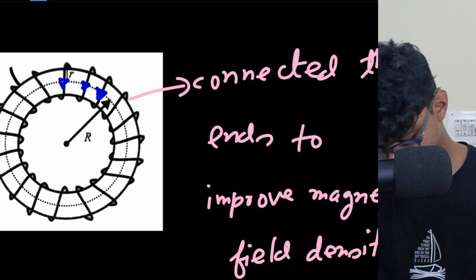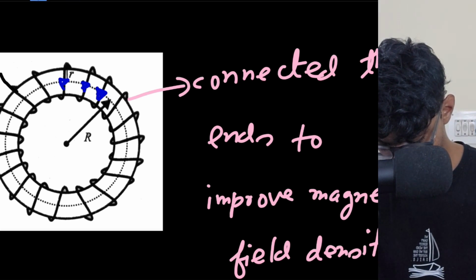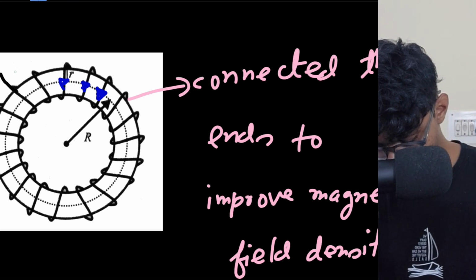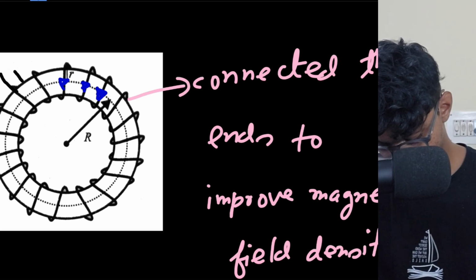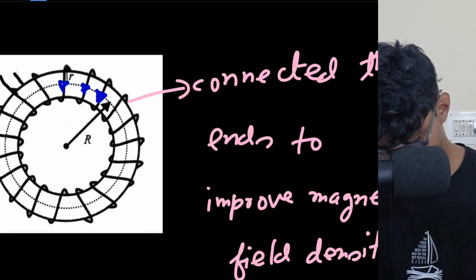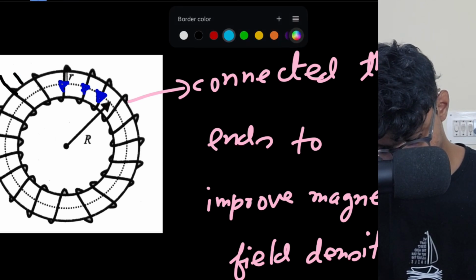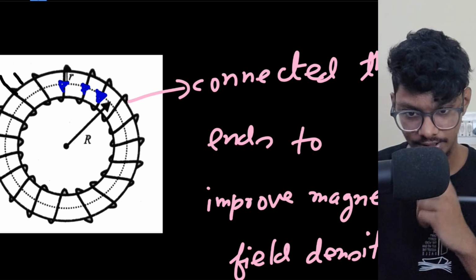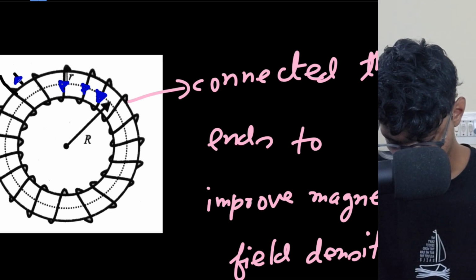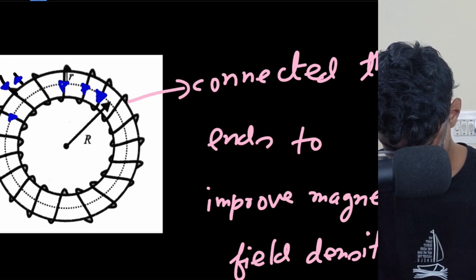One wire was at the inside. One wire will be something like this, other wire will be coming from somewhere here. Current will simply be coming out here and coming in. Okay, so it will just flow in like this and go out.